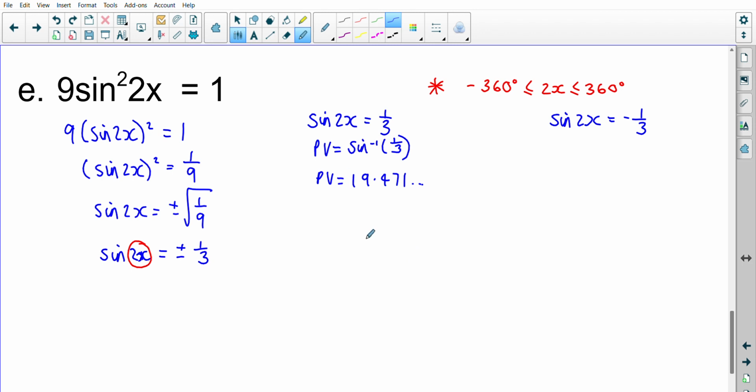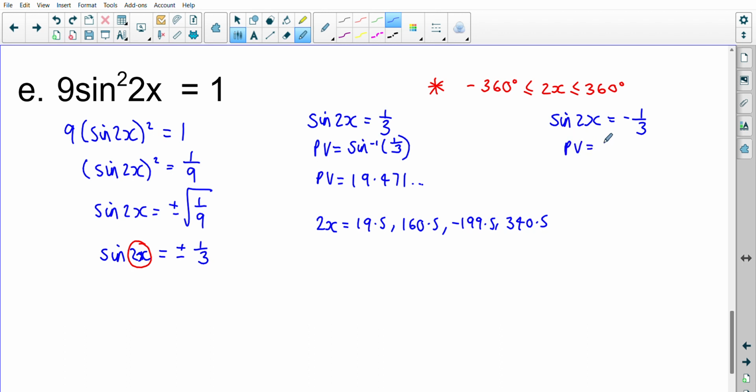When you've done your CAST diagram, you've got to do one full turn anti-clockwise to go from 0 to 360 and one full turn clockwise to go from 0 to minus 360. You should get these solutions in terms of 2x, so 19.5, which is your principal value, 160.5, minus 199.5, and 340.5. Try to keep the accuracy again.